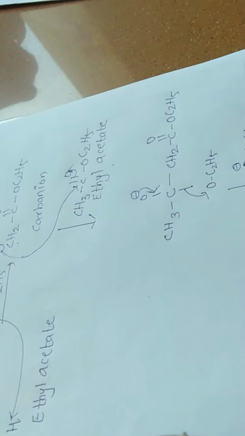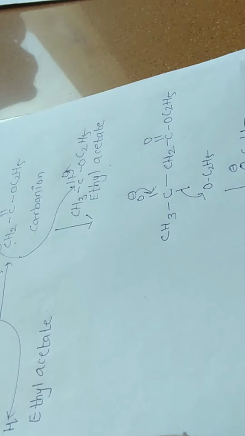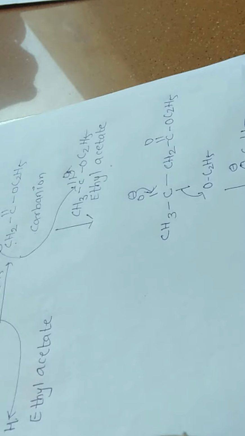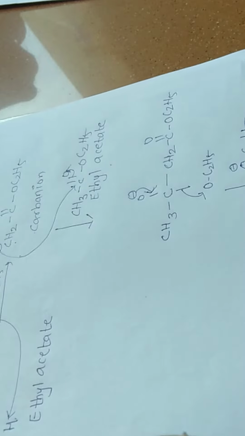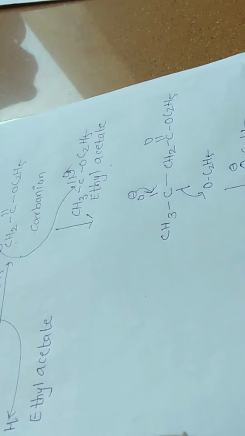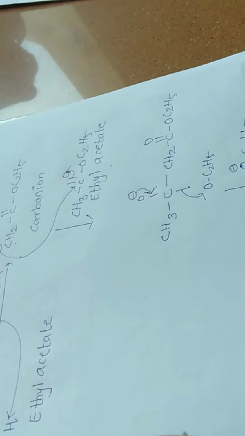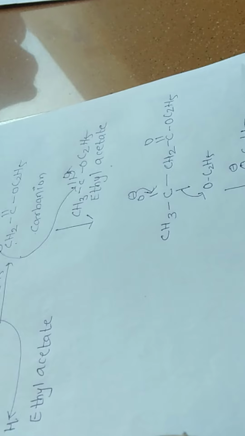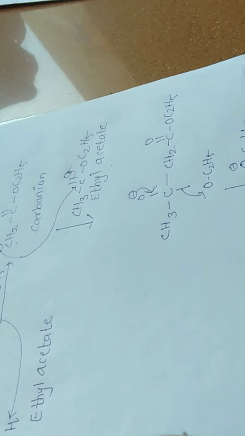So we will get CH3 C double bond O, CH2 C double bond O, OC2H5. This is our ethyl 3-oxobutanoate. Numbering starts from this carbon: 1, 2, 3, 4. So this is our ethyl, this is 3-oxo, 1, 2, 3, 4, butanoate.